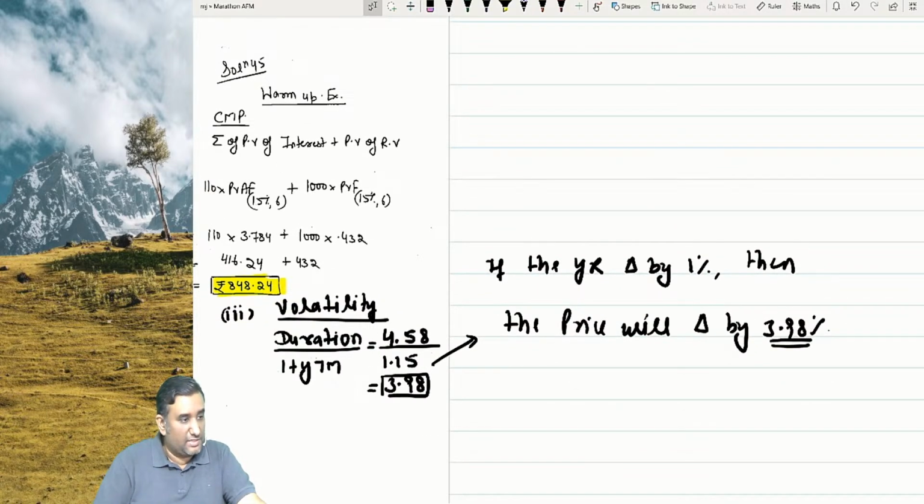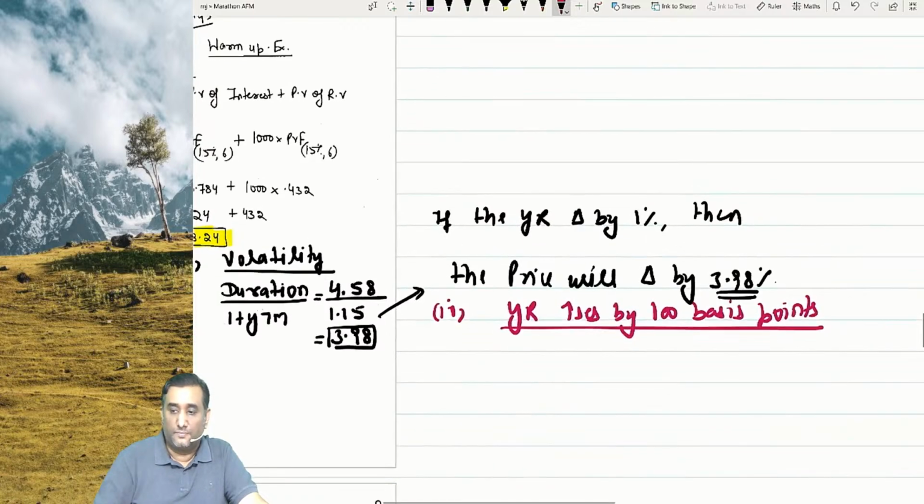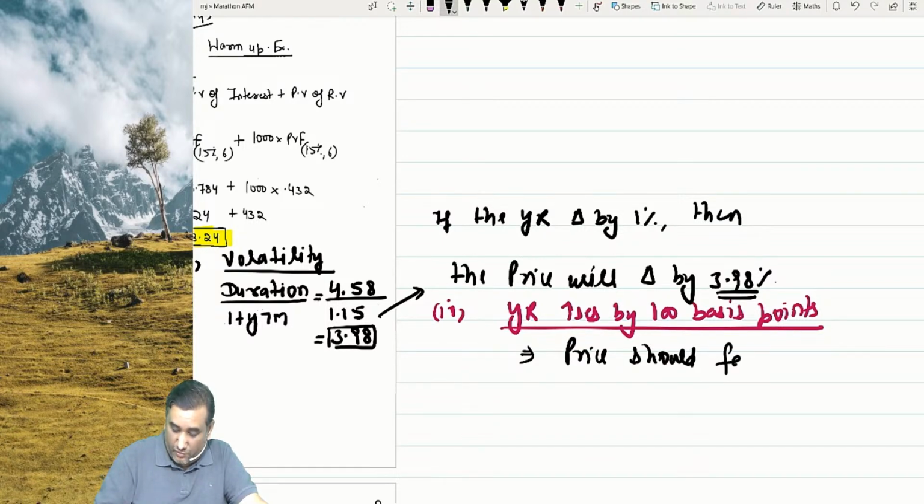Now fourth part, he said yield changes by what? Increase or decrease? Yield rate increases by 100 basis points. 100 basis points is as good as 1%. This implies price will fall by what?